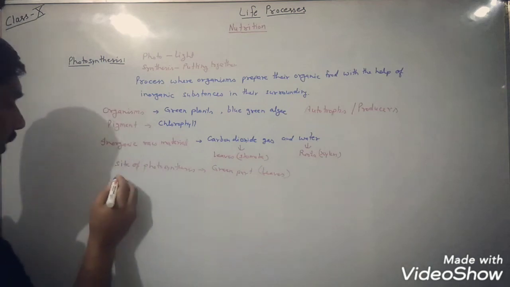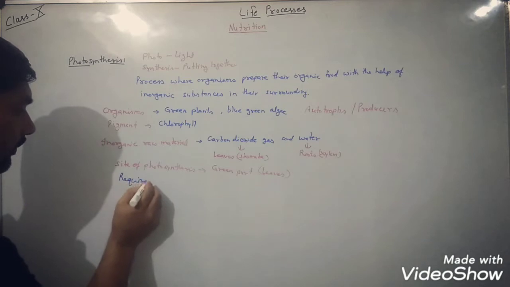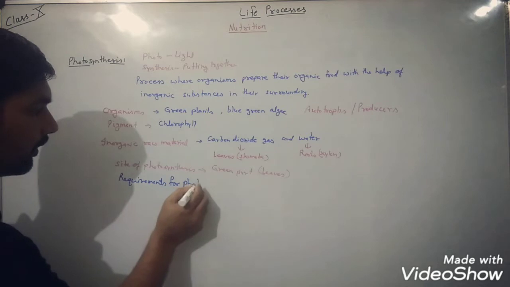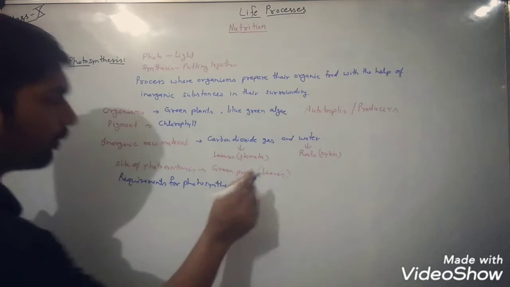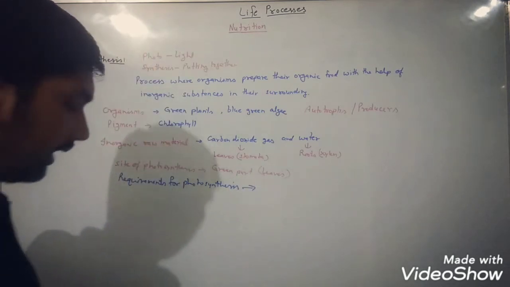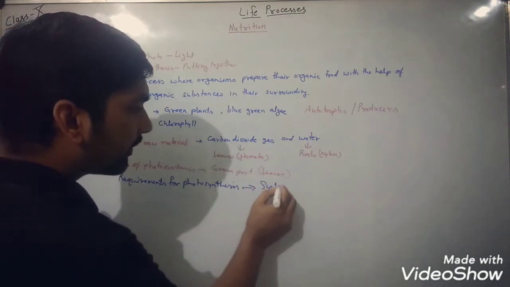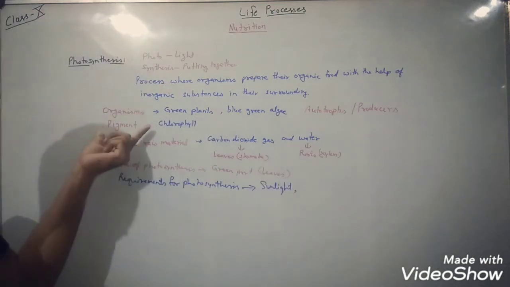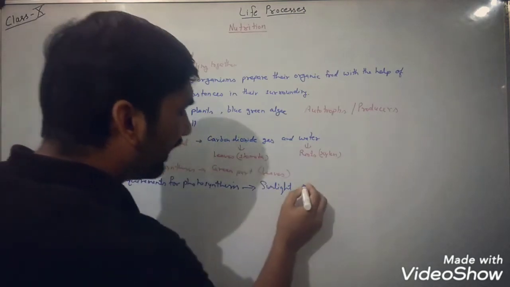When we talk about the requirements for photosynthesis, as we know photo means light, this process can be conducted only in the presence of sunlight, and since the presence of the pigment chlorophyll is necessary, it is also a requirement.